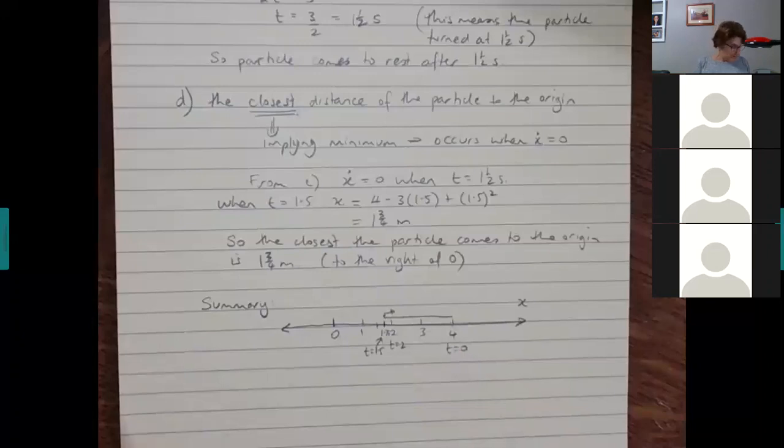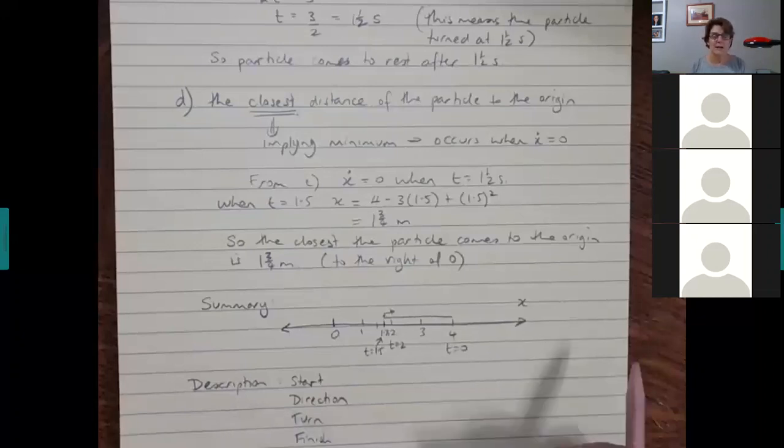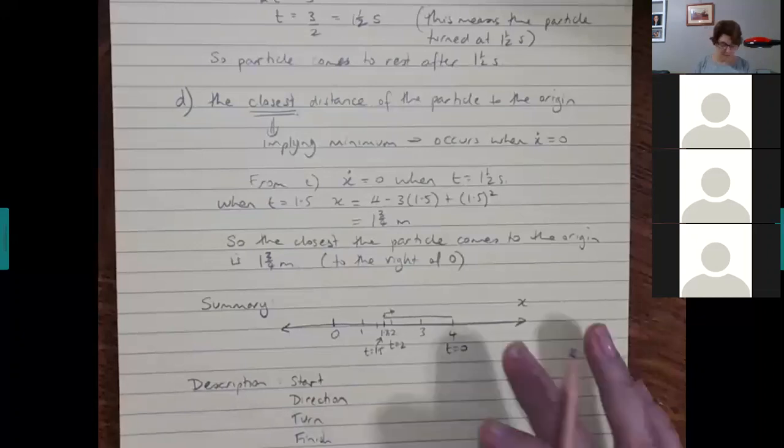So you would talk about where you start, direction you're heading, where you turn, and where you finish up, I guess. And if they ask questions about acceleration or something like that, we'd add that in.